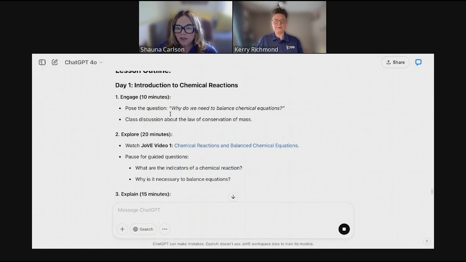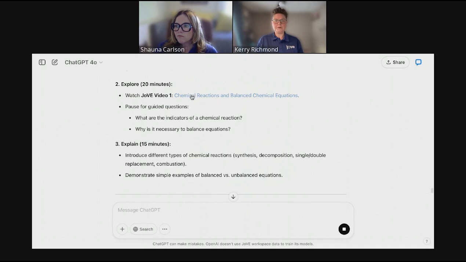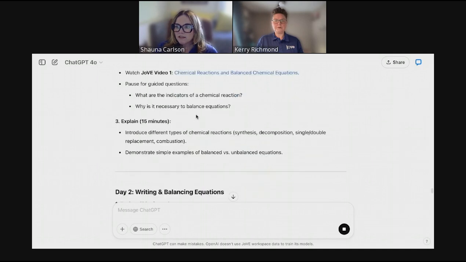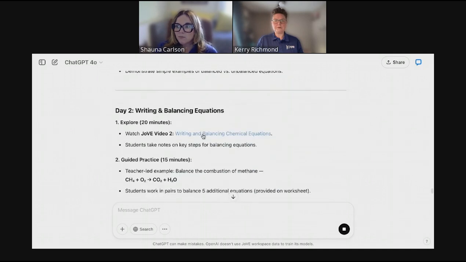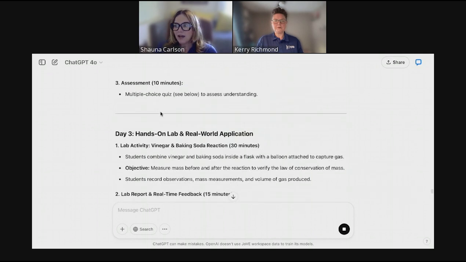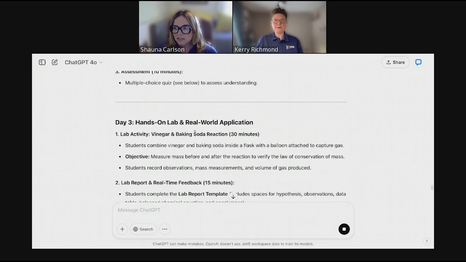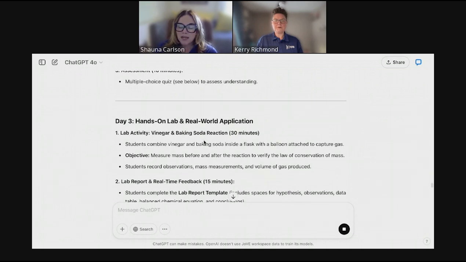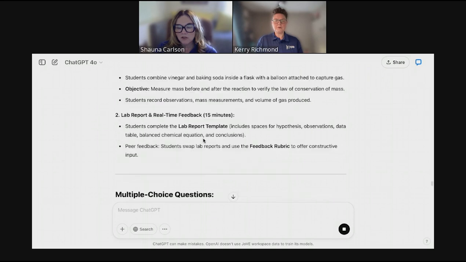So it starts with the introduction, then it goes into sharing some of the videos that we talked about as well, going into balancing equations, some practice examples, and then we'll start to see how we can then apply what the students have learned and what you've just shared with them in hands-on lab and real-world applications as well.